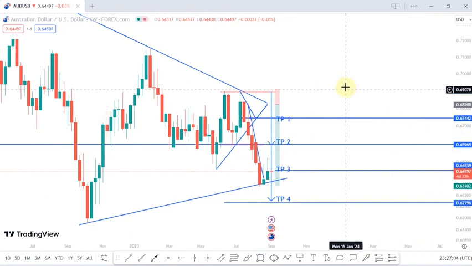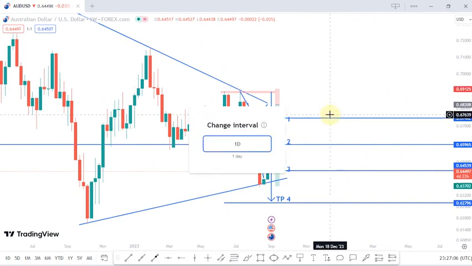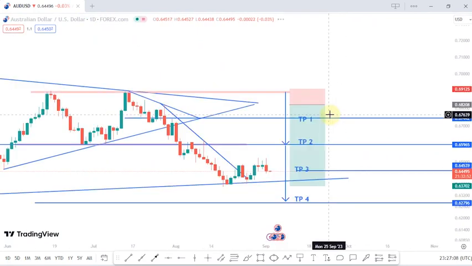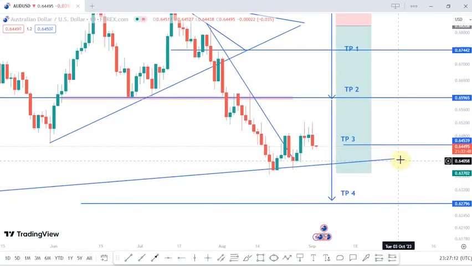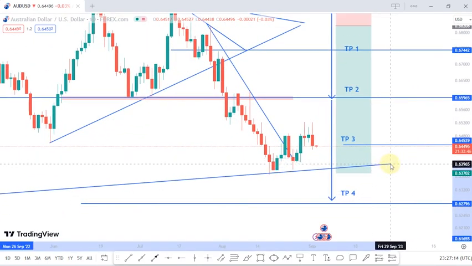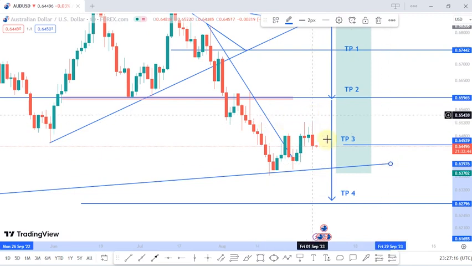So let's go down to the daily. And this is what we have. So like I said, price could hit this trend line or break it and come down to this support and resistance level.